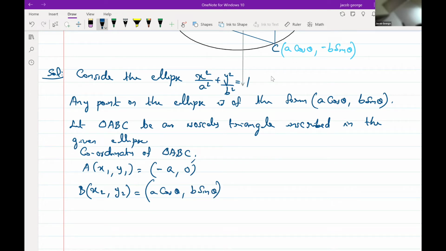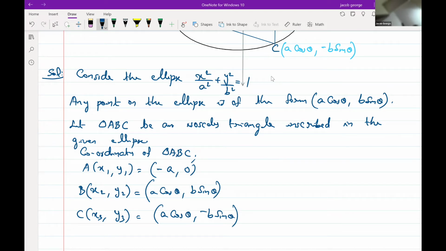Then capital C, (x3, y3), is (a cos theta, minus b sin theta). So these are the coordinates of triangle ABC, (x1, y1), (x2, y2) and (x3, y3), you can note down.